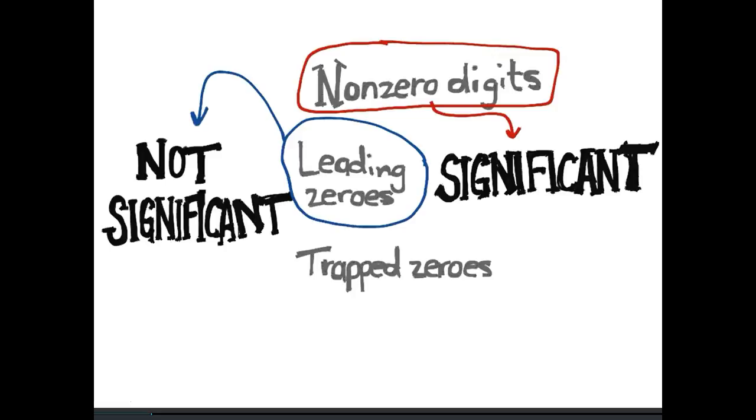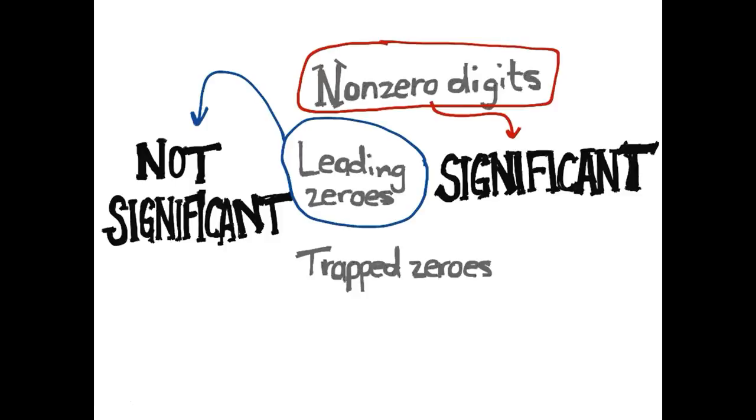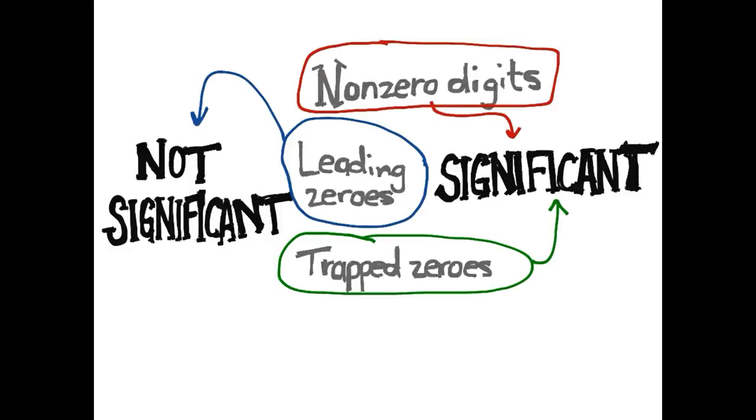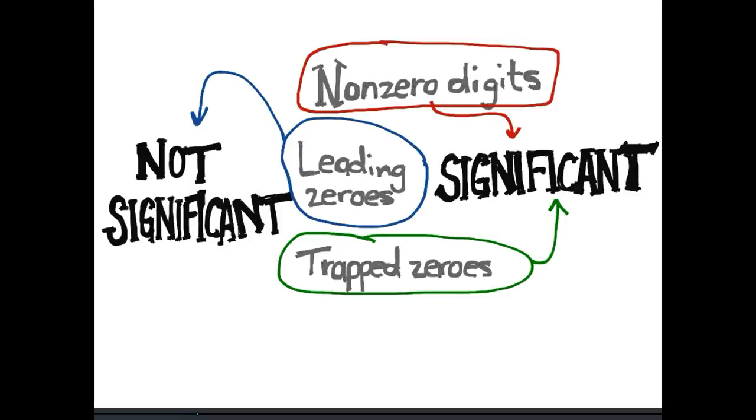Trapped zeros are zeros that are between non-zero digits. They are trapped. So for example, 101 has a trapped 0 in the middle. Trapped zeros are always significant. Non-zero digits are, for example, 1, 2, 3, 4, 5, anything that's not a 0. The number given in the example for leading zeros is 0.0004.